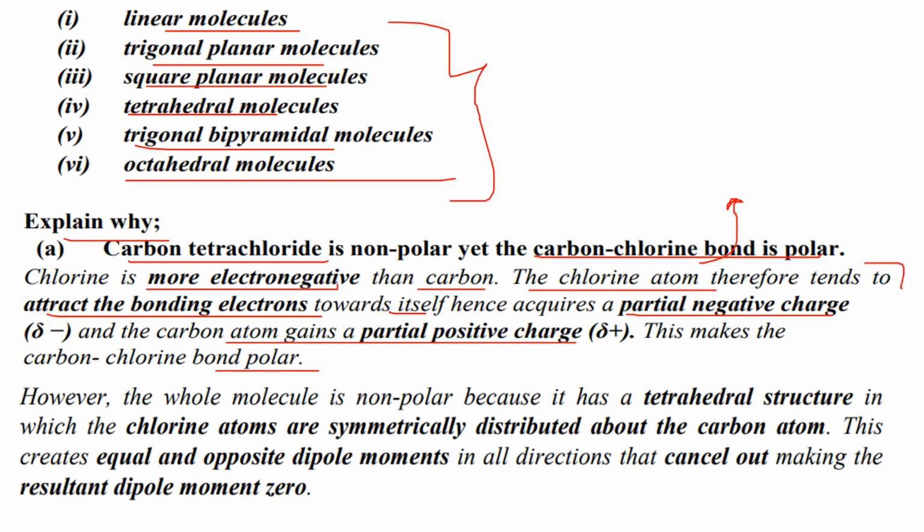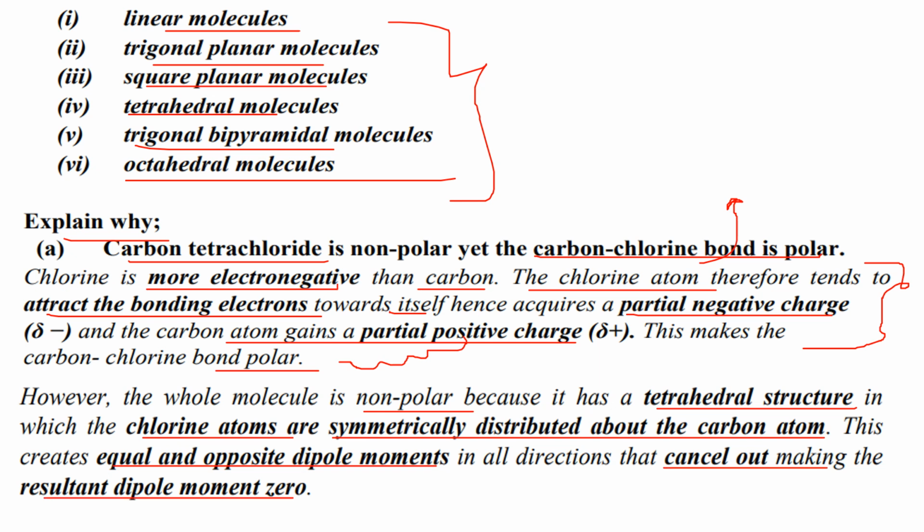By partial negative and partial positive, I hope your teacher explained this to you in detail in organic chemistry. However, the whole molecule is going to be nonpolar because it has a tetrahedral structure in which the chlorine atoms are symmetrically distributed around the carbon atom. You are going to say that this creates equal and opposite dipole moments in all directions that cancel out, making the resultant dipole moment equal to 0.